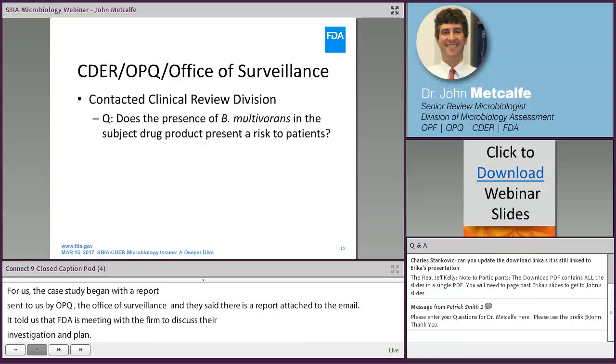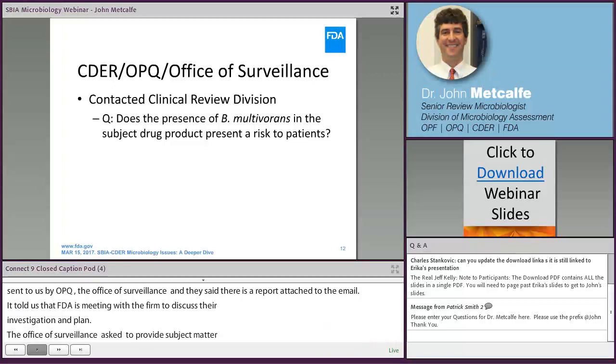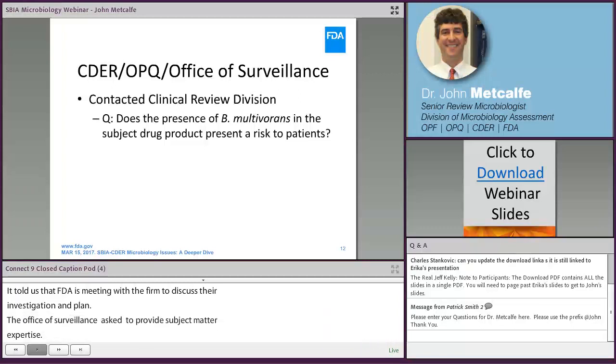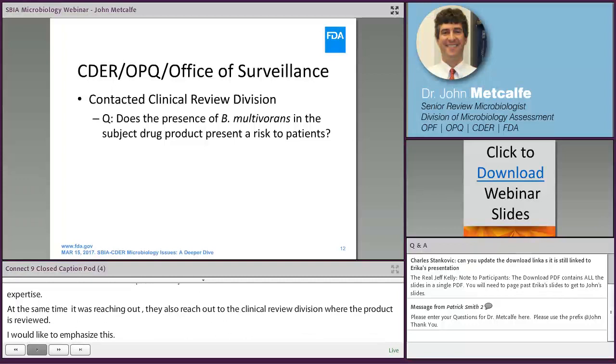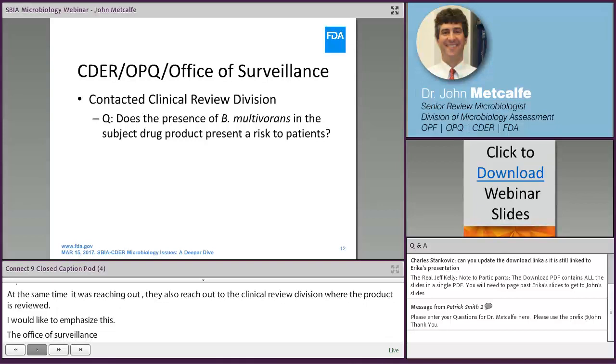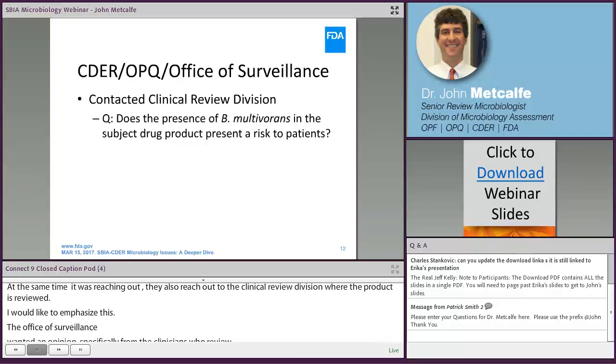At the same time, the Office of Surveillance also reached out to the Clinical Review Division where this product is reviewed. And I like to emphasize this: the Office of Surveillance wanted an opinion specifically from the clinicians here in CDER who review the drug. The question for them was, does the presence of this organism, Burkholderia multivorans, in the subject drug product present a risk to patients?